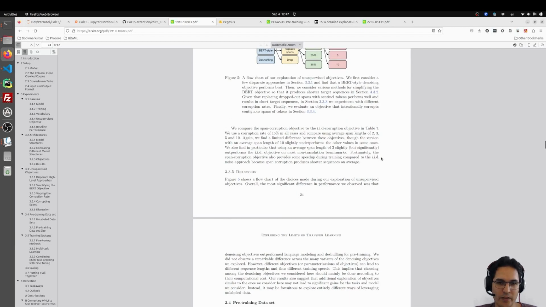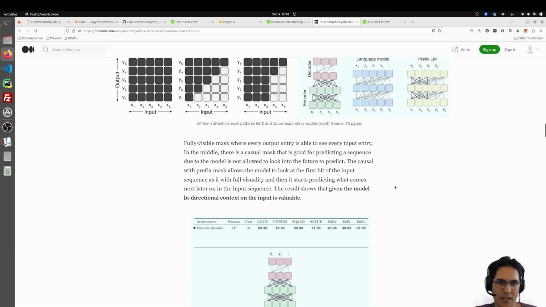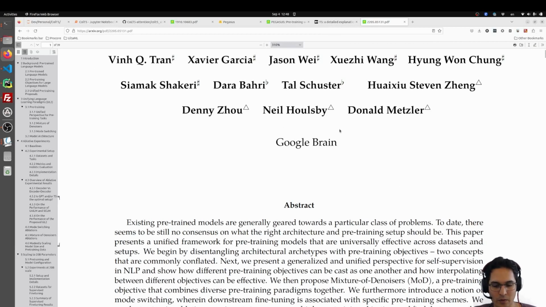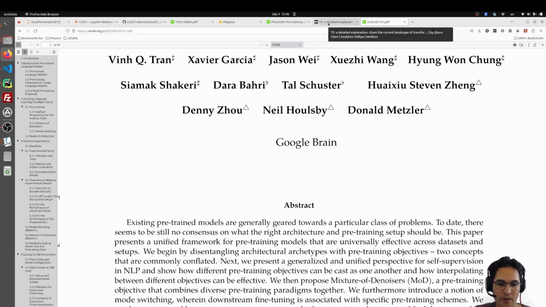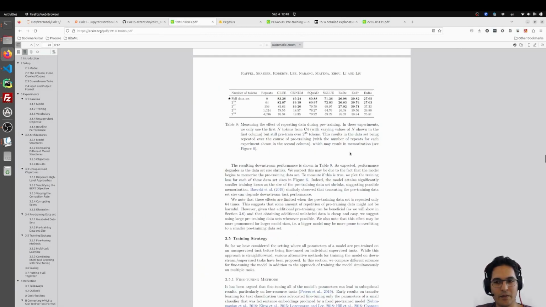But there is still one problem here, so let me go back. GPT is not bad in the few-shot paradigm, but it is not good in fine-tuning. If you want to fine-tune it on a specific task, because it is autoregressive, the performance is not as good as when we apply the T5 training.